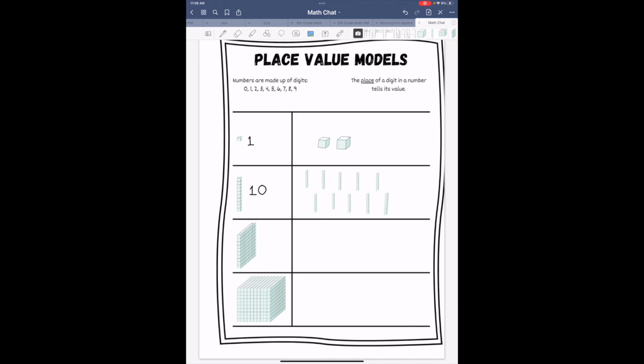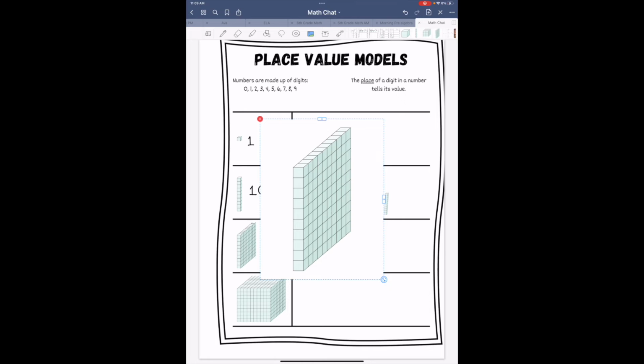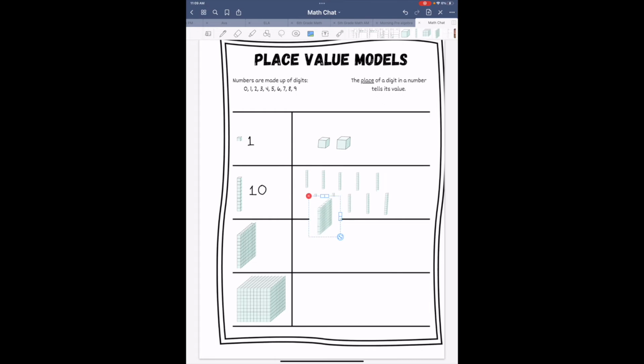Here we have 10 blocks, so let's count them. 10, 20, 30, 40, 50, 60, 70, 80, 90, 100. So I can take these 10 blocks and make one 100 block. Here's our 100 block.